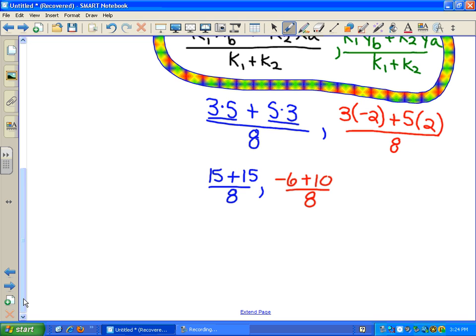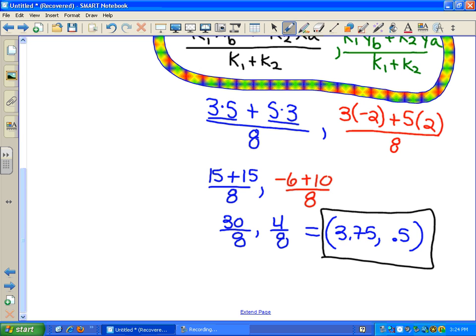So 15 plus 15 is 30 over 8, comma, -6 plus 10 is 4 over 8. I'm going to write this as a decimal. 30 divided by 8 is 3.75, and 4 divided by 8 is 1/2, so 0.5. So that's point P.